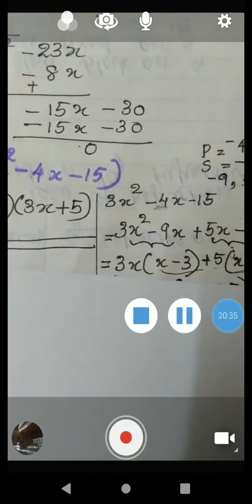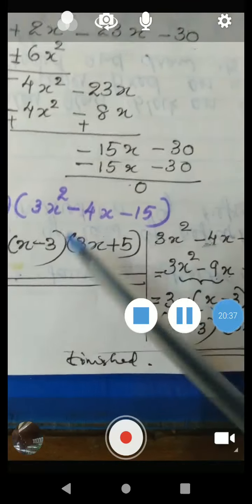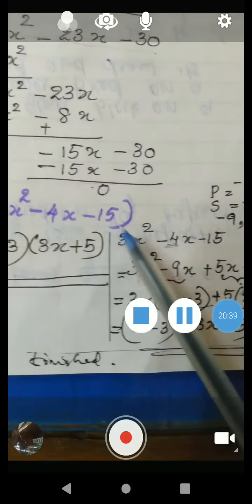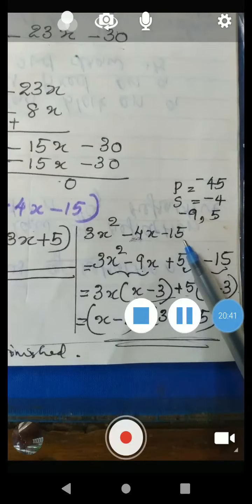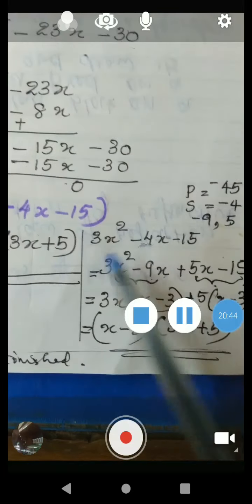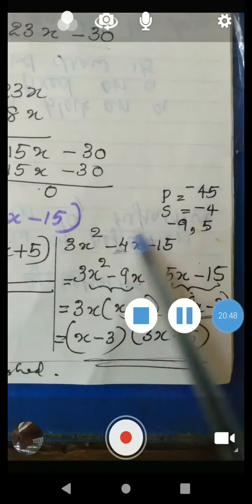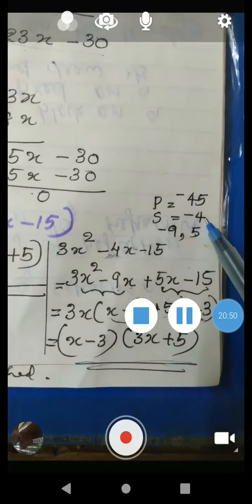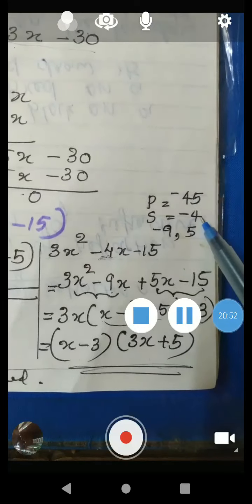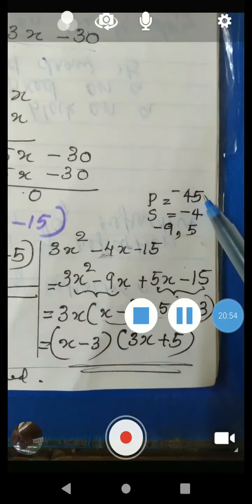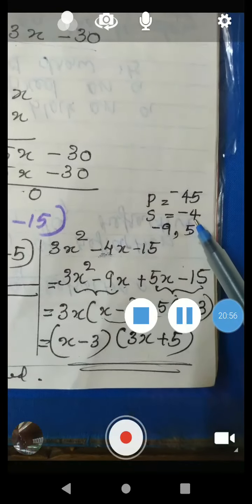Take it separately, that expression 3x square minus 4x minus 15. What is the product? Minus 15 into 3, minus 45. Sum is minus 4. So find two numbers whose product is minus 45 and sum is minus 4.